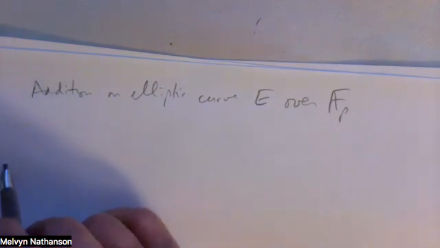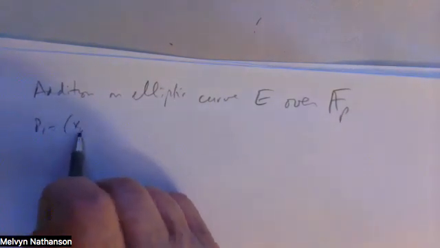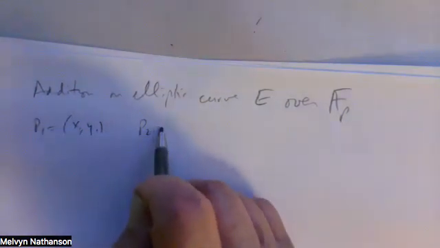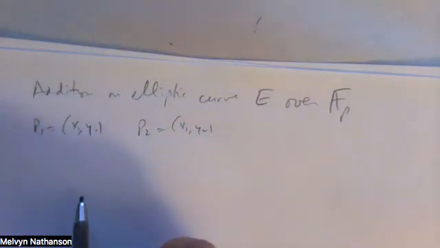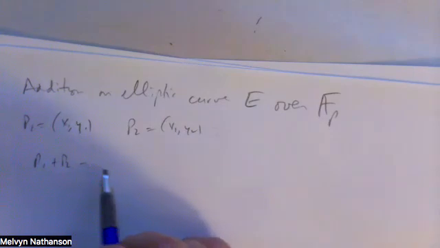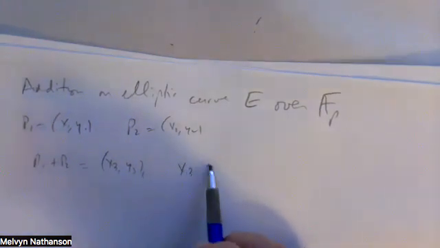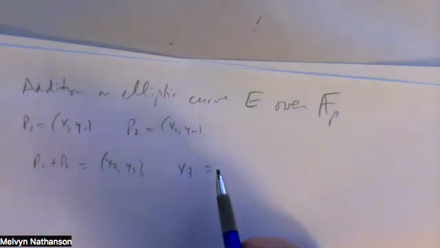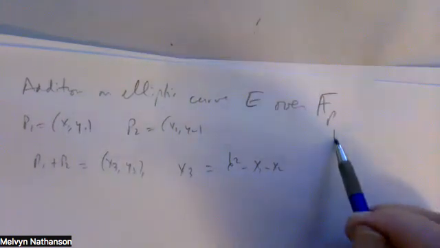In that theorem, which is 6.6, if you take a point P1 with coordinates x1, y1, and P2 with coordinates x2, y2. When P1 is different from P2, we're going to get P1 plus P2 is the point x3, y3, where x3 is given by the formula lambda squared minus x1 minus x2.